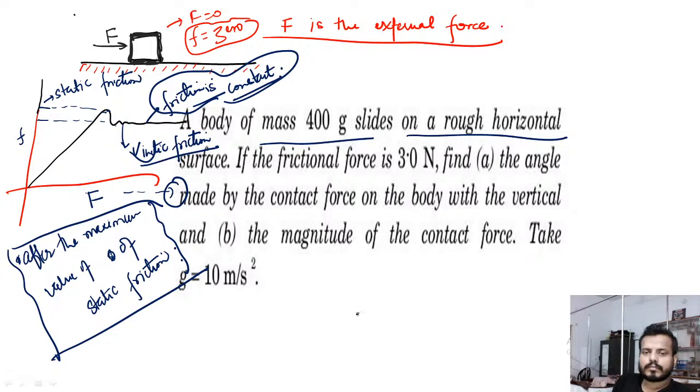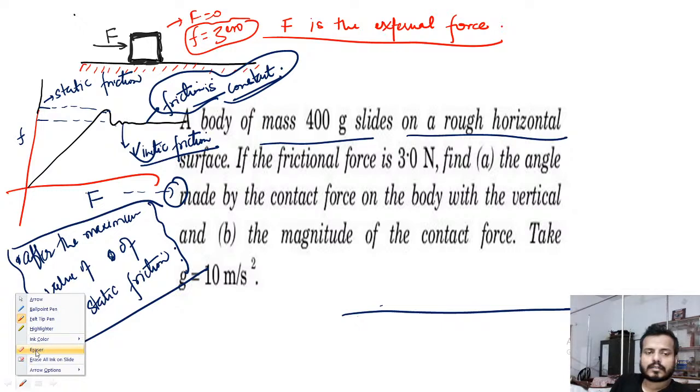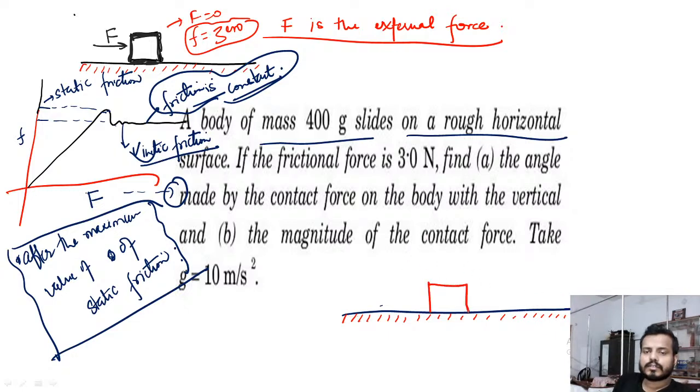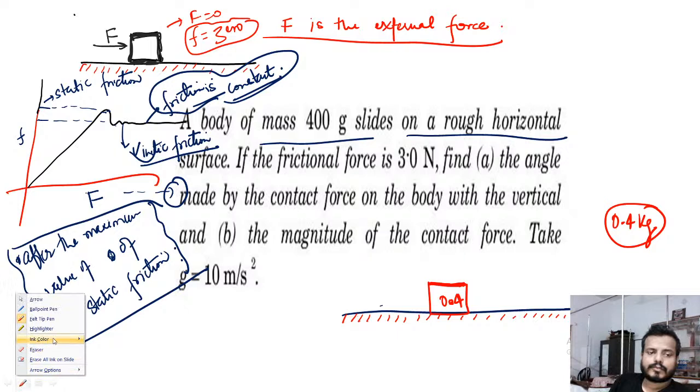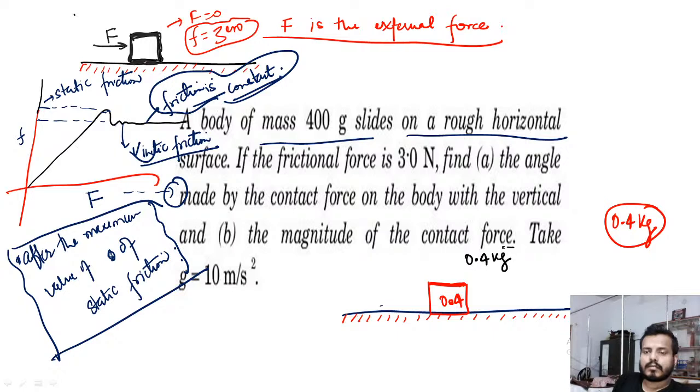So let's solve this problem. 400 grams slides on a rough horizontal surface. So what is this? 0.4 kg. Alright.